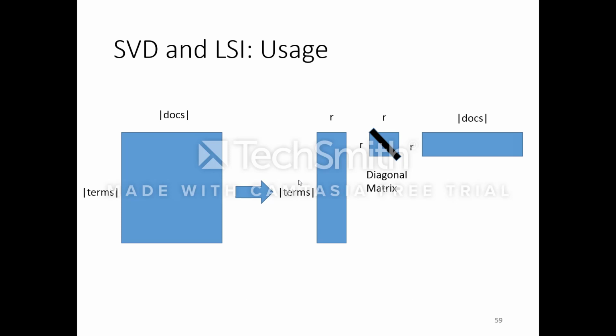Okay, so let us look at how we can use SVD and LSI. Let us say that you have this decomposition and you have come up with these three matrices, the product of which approximates the matrix on the left.